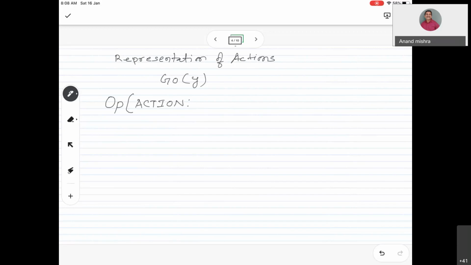We write the action is Go(Y), and then there are precondition and effect, and we close it. So what is the precondition of Go(Y)?